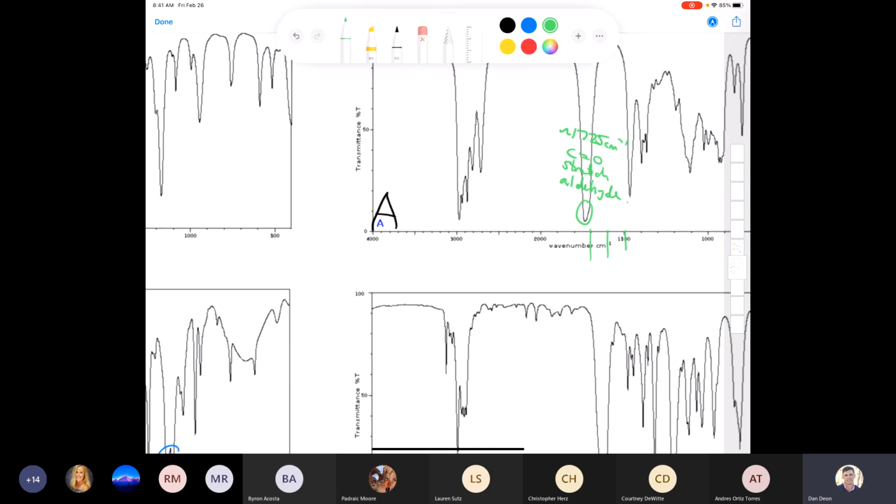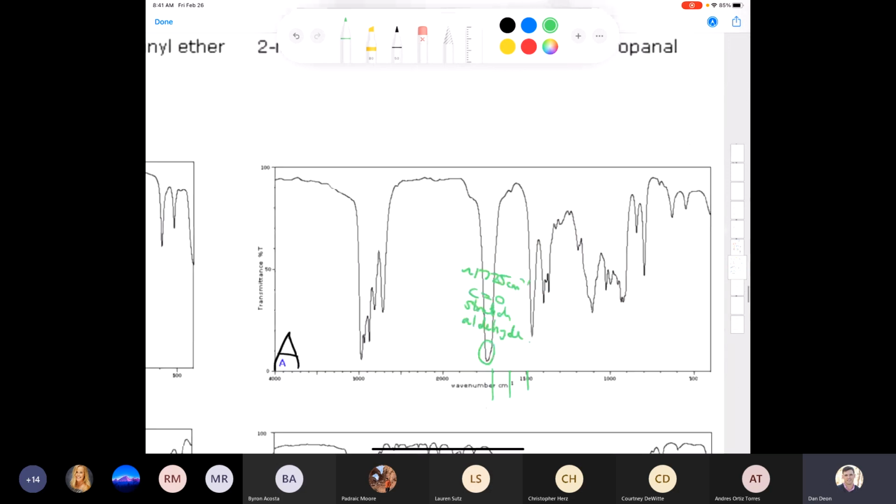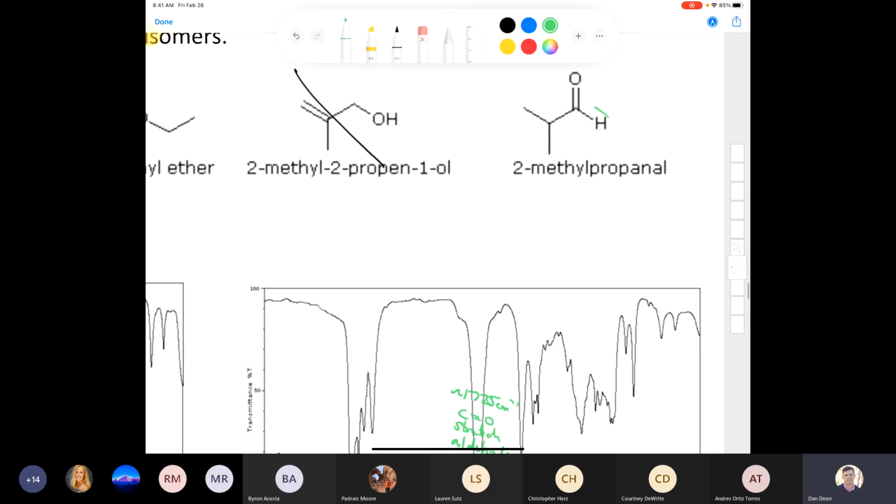But more than that, there's two other signals that are more indicative of an aldehyde. Go back to your sheet and you'll see below the carbonyl, it says 2750, 2850, what's called aldehydic CH stretching. So the stretching that comes from this bond here gives you signals at 2750 and 2850.